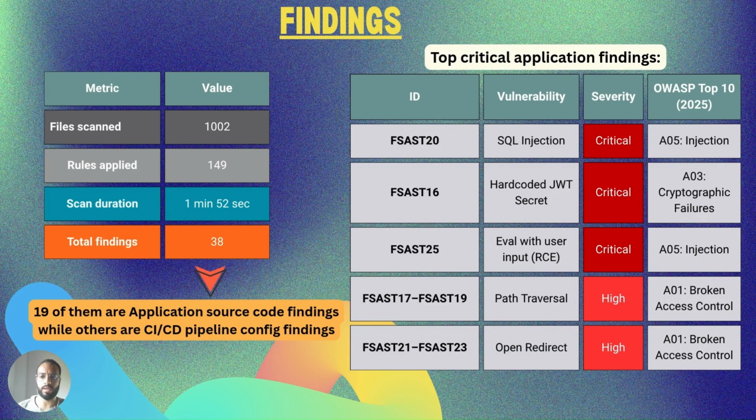After a scan of less than 2 minutes, we got 1002 files scanned and 149 rules applied. 19 vulnerabilities from 38 were in application source code, while the others were infrastructure and CI/CD vulnerabilities. And in this table, the most critical findings fall into three categories in the OWASP Top 10, which are A05 injection, A03 cryptographic failures, and A01 broken access control.